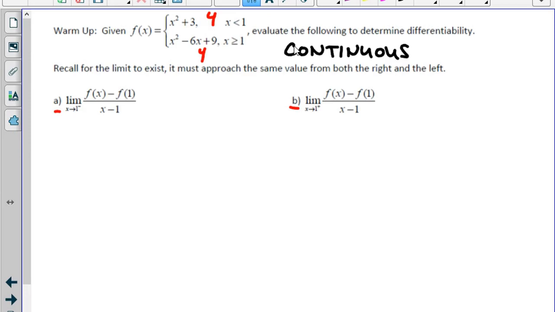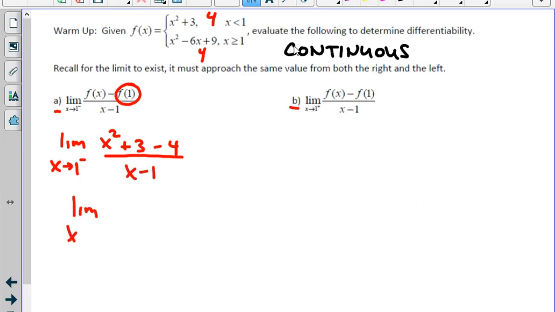So what we do is we look at this function here and its derivative from both sides. So the limit as x approaches 1 from the left of f of x would be the left side. So x squared plus 3 minus the value of the function at 1, which is 4. Since it's continuous, it works out, divided by x minus 1.